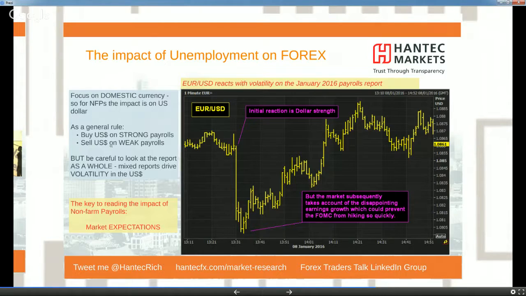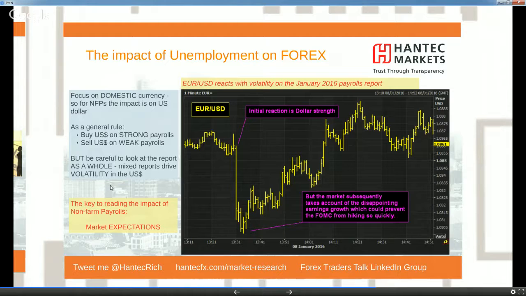So it is basically the impact that it would have on Fed monetary policy and the potential for increasing interest rates. The Fed, if it sees the labour market really strong, would theoretically need to raise interest rates to take the steam out of that, just in case inflation was building up.